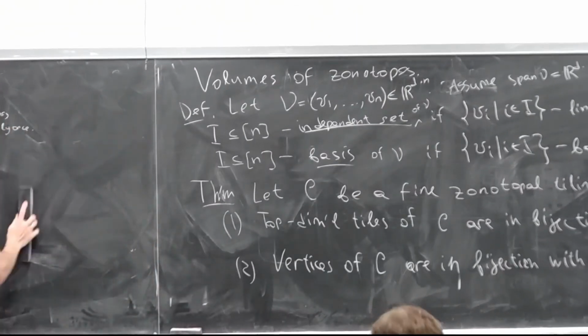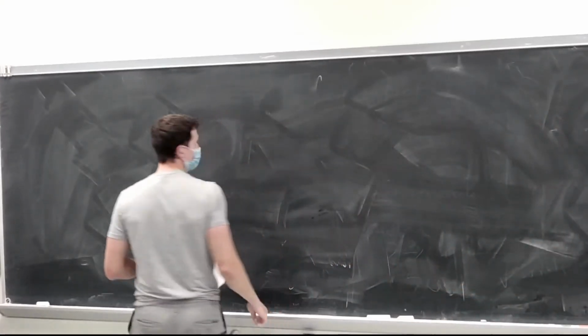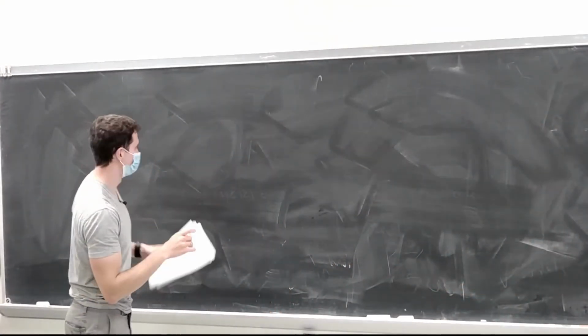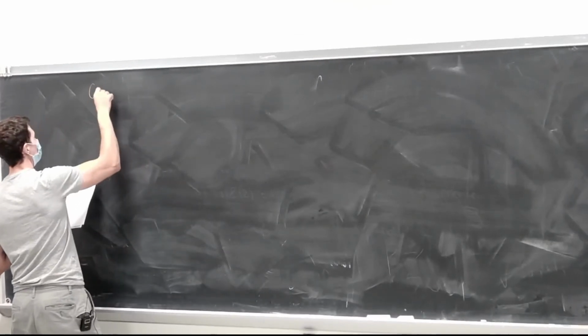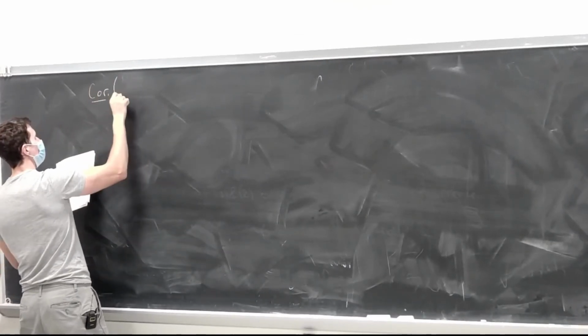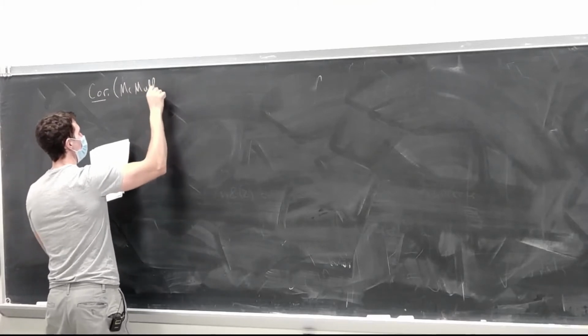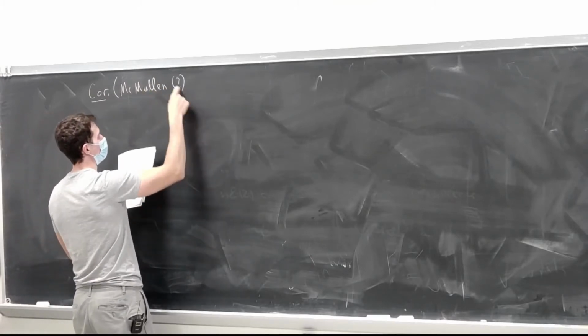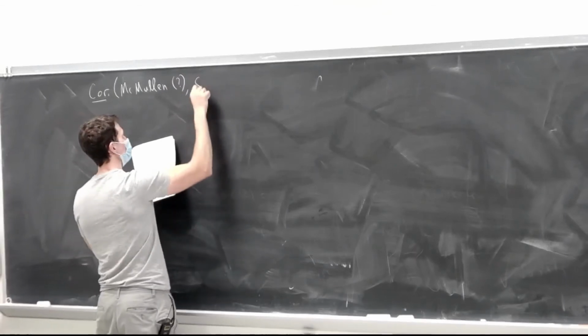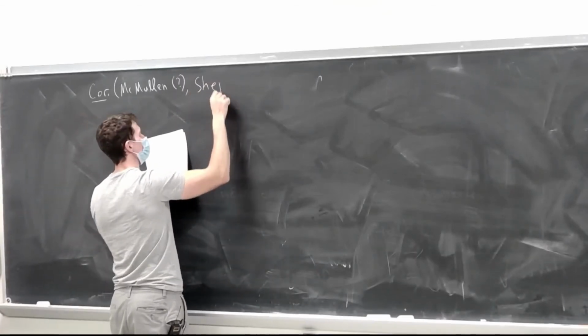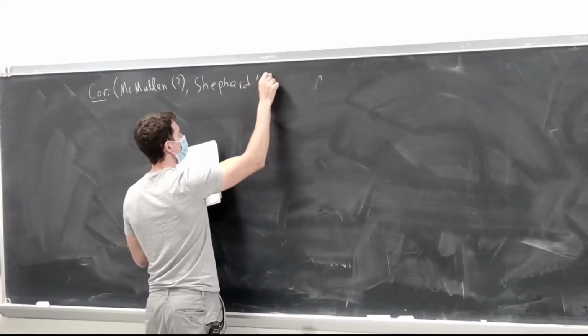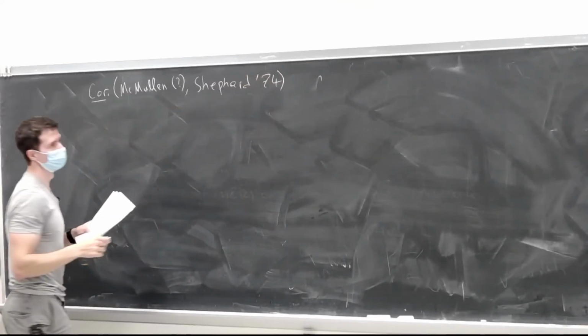Let me actually leave the theorem. Okay, corollary, which is originally a result due to Macmillan. I don't know the year, nobody knows the year, but the first time it appeared in the literature is 1974. It is an expression for the volume of a zonotope.